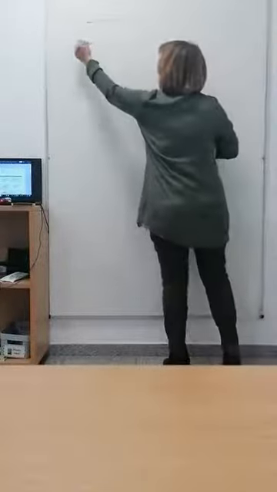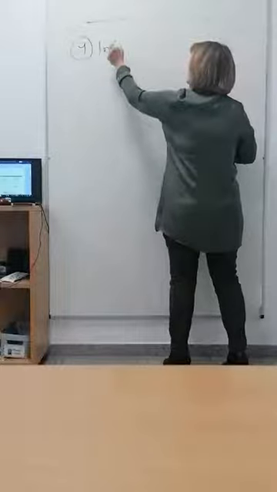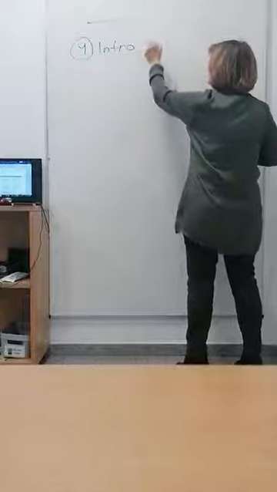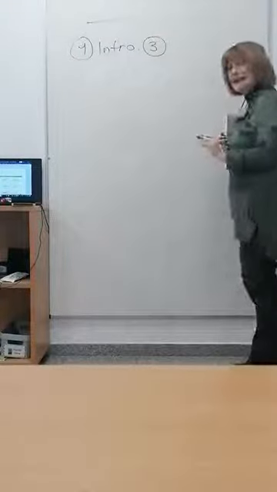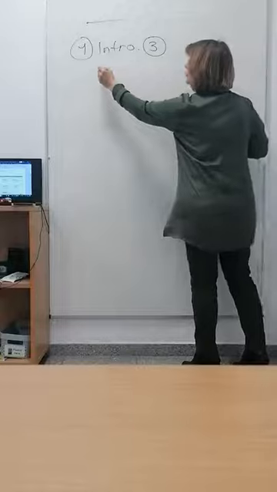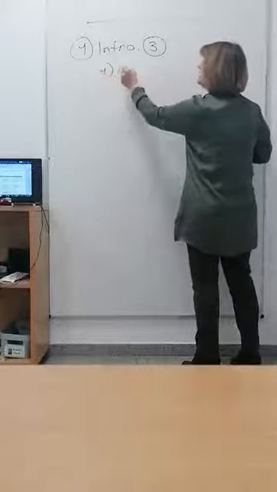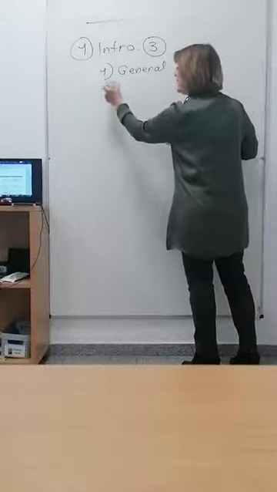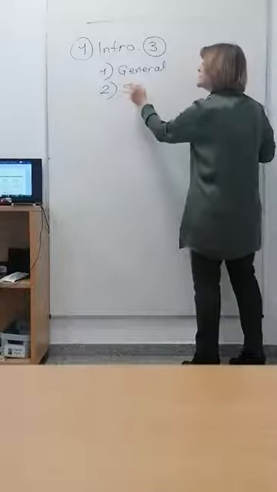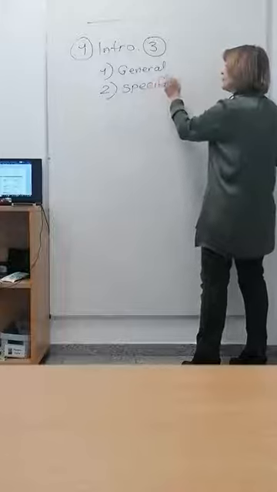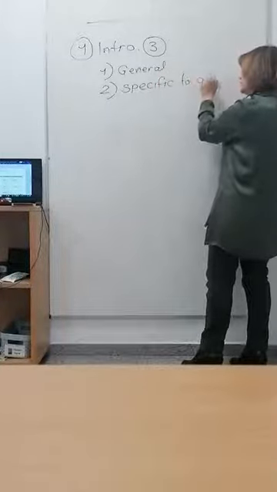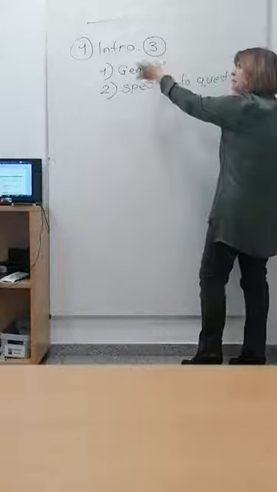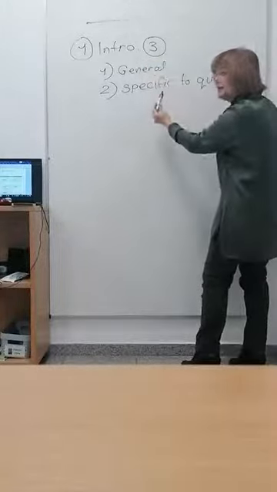Paragraph 1, as you all know, is your introduction. Your introduction needs to be made up of three sentences if possible. Your first sentence needs to be general about the topic. The second sentence needs to be specific to the question. So for example, here we've got something about teenagers behaving badly generally.